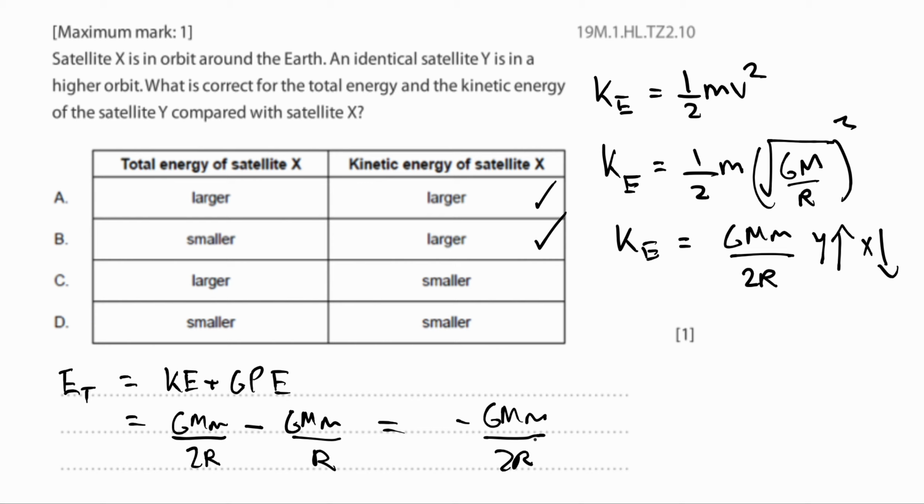It's actually becoming less negative the greater the radius goes. So in this case, the total energy of satellite X has to be less than satellite Y, and the reason for this is because it has a lesser radius. So the answer is B.